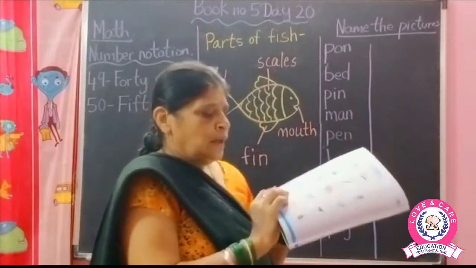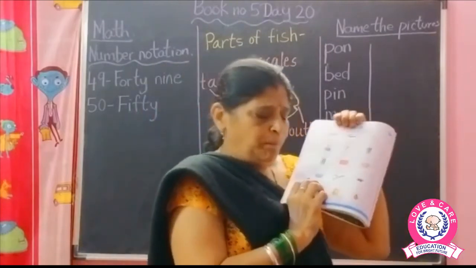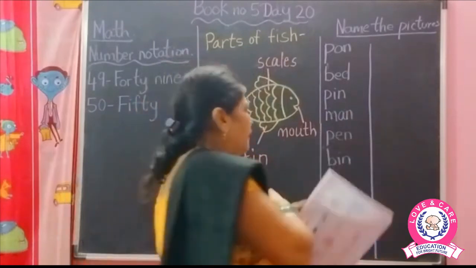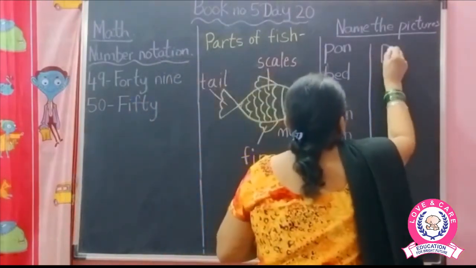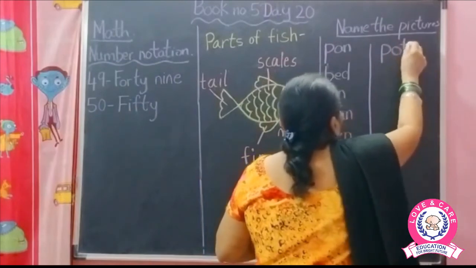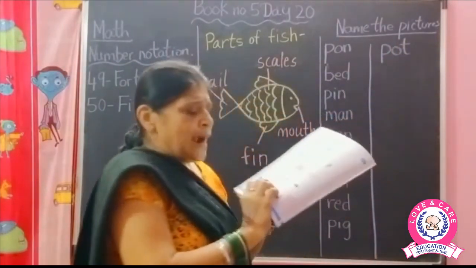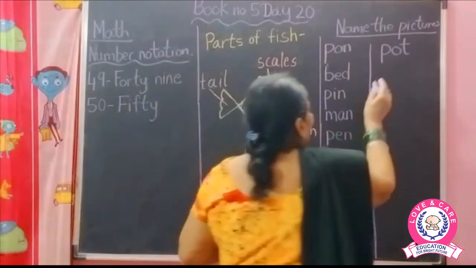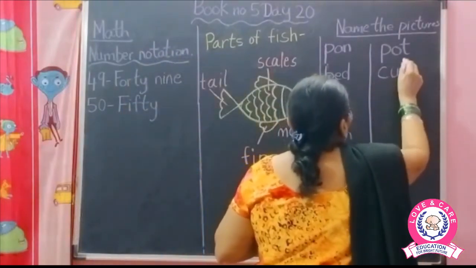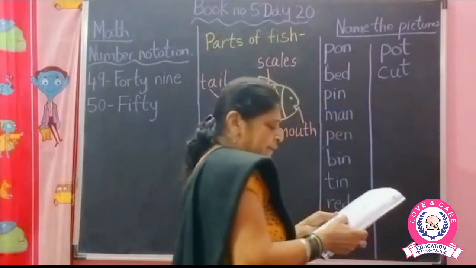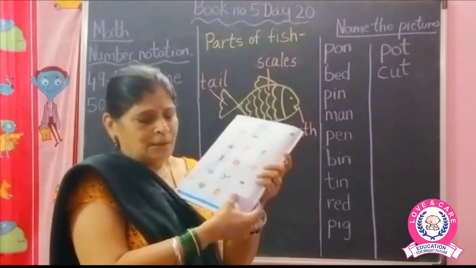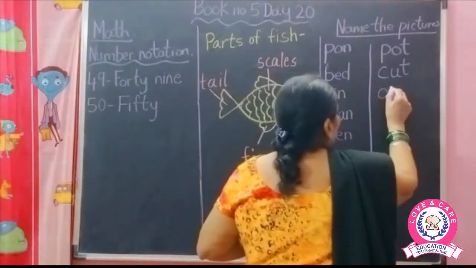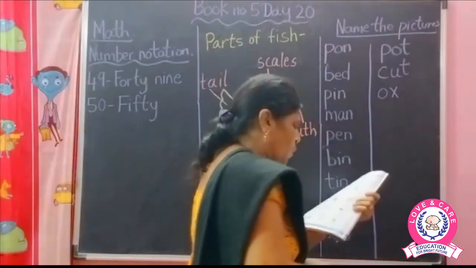Pot. P-O-T, pot. Now cut. C-U-T, cut. Next one, ox. O-X, ox.